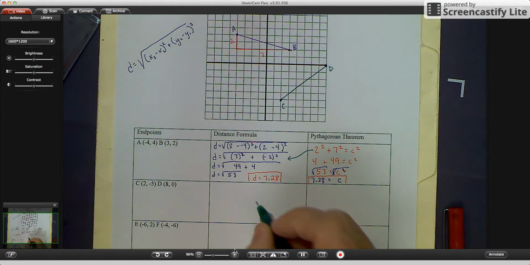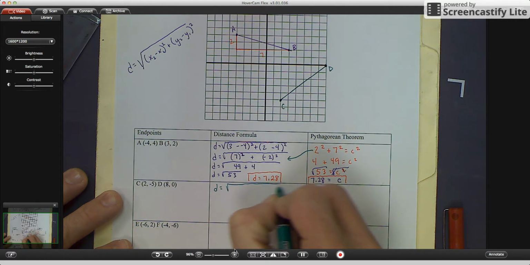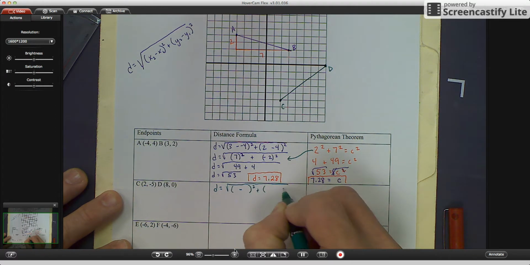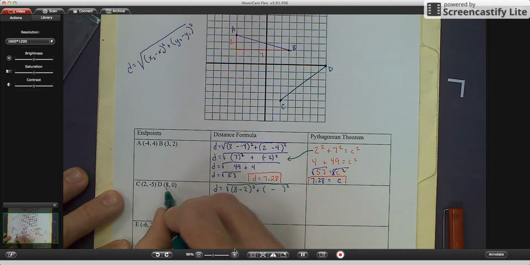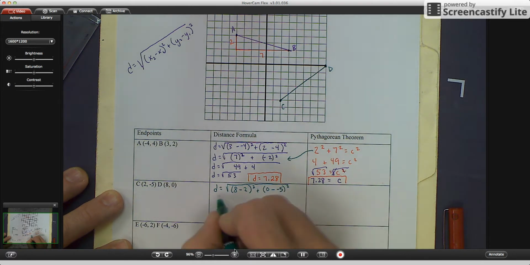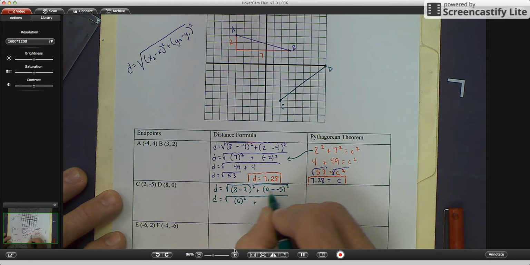And the distance formula. So D is equal to the square root of my x minus x squared plus my y minus y squared. X minus x, so let's go 8 minus 2. And then we'll go 0 minus a negative 5. And then my distance is equal to, I got to redo my square root, 8 minus 2 is 6 squared, plus 0 minus a negative 5 is 5 squared.